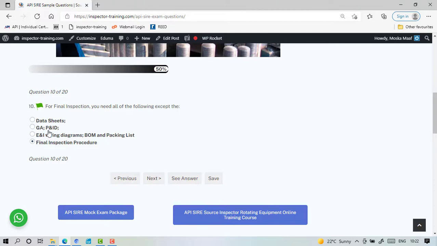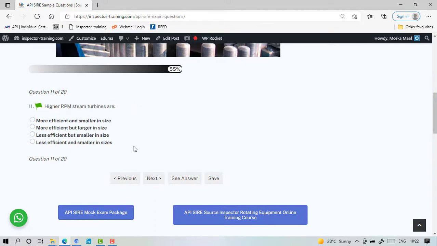So you need the data sheet, general alignment drawing, piping and instrumentation diagram, electrical and instrumentation wiring diagram, bill of material (BOM), and packing list, but we never have a final inspection procedure for that. That's the instruction you receive, what you need to check actually.